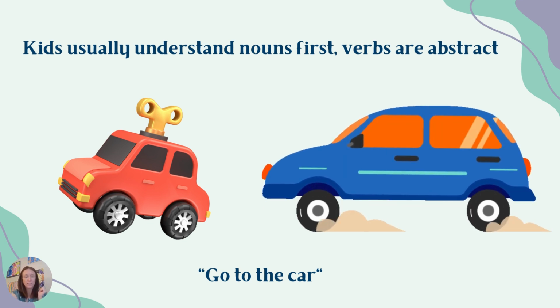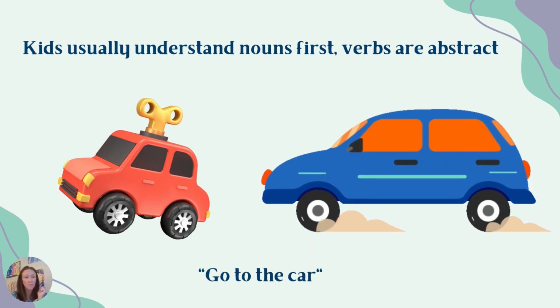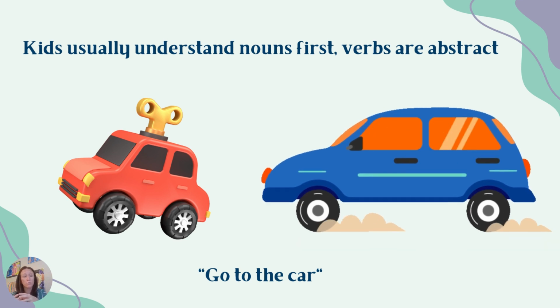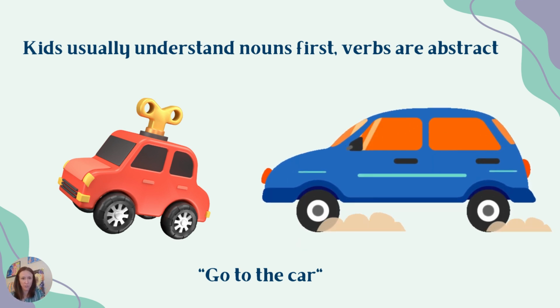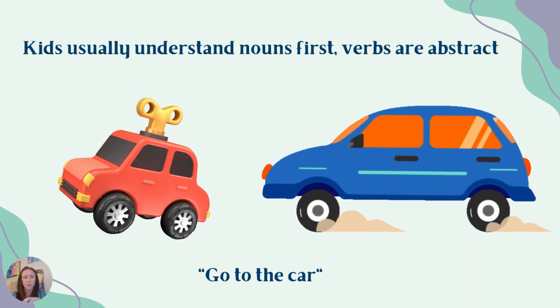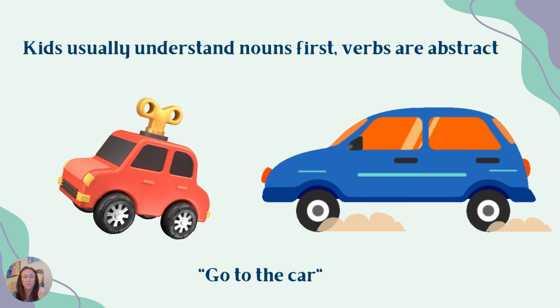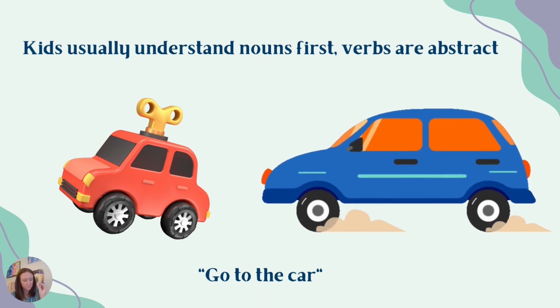I can take a video of walking to the car and then go show my child, go get in the car, and they might be able to process what I'm expecting from them. And they won't concentrate so much on the word car. They'll concentrate on the action because they watched me do it. So it's really important that we try to find ways to break it down to help them be most effective communicators.